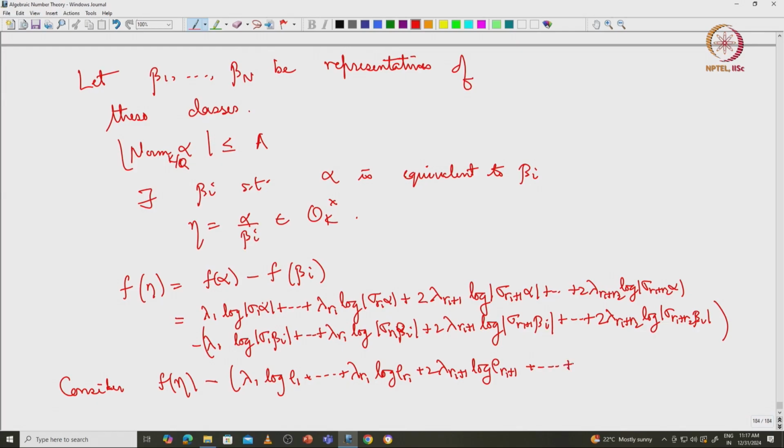Remember, all these rho i's are positive real numbers, and so you do not have to take the modulus of those things.